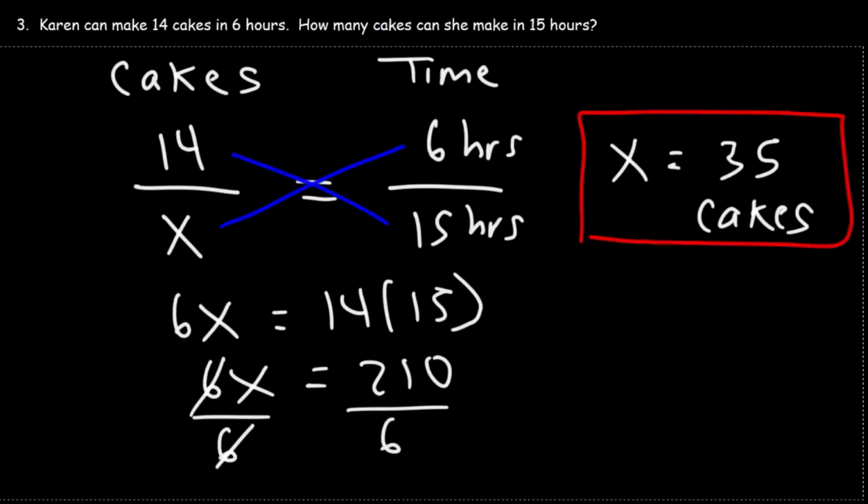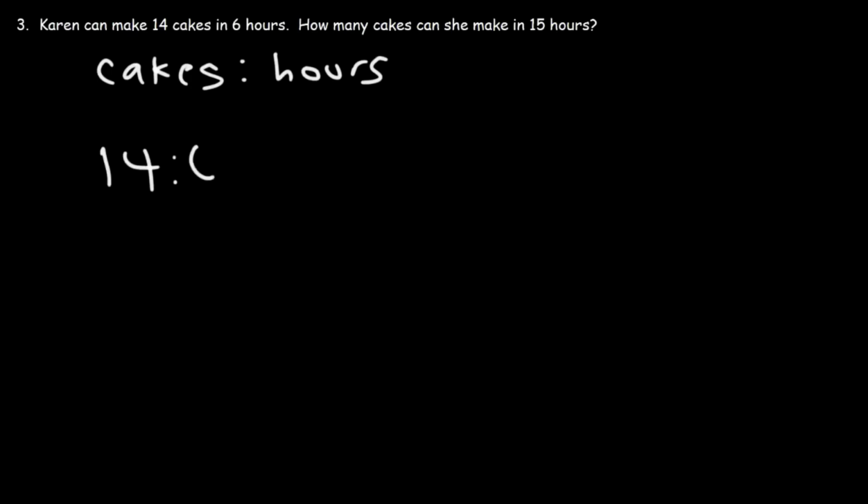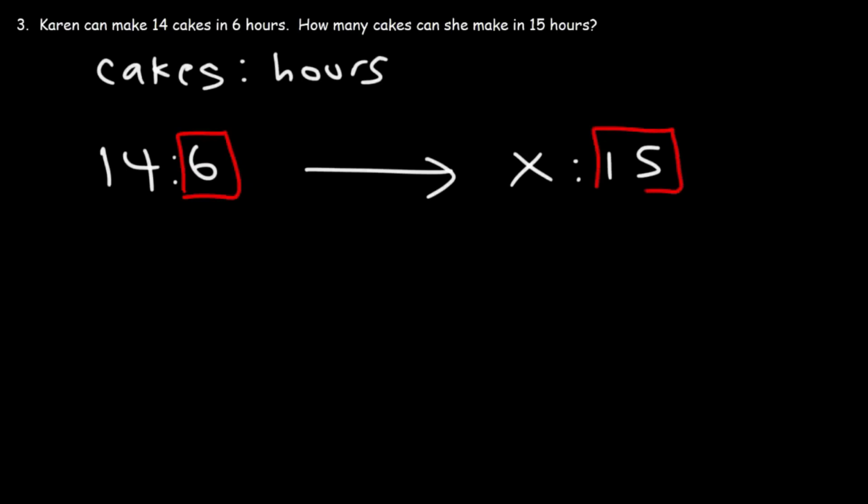Now let's see if we can do it the fast way. So the ratio of cakes to hours is initially 14 to 6. And we want to know how many cakes, or x, she can make in 15 hours. So we have these two numbers. What do we need to multiply 6 by to get to 15? 6 times what number is 15?